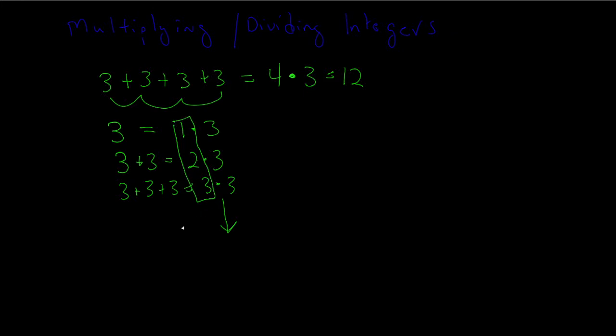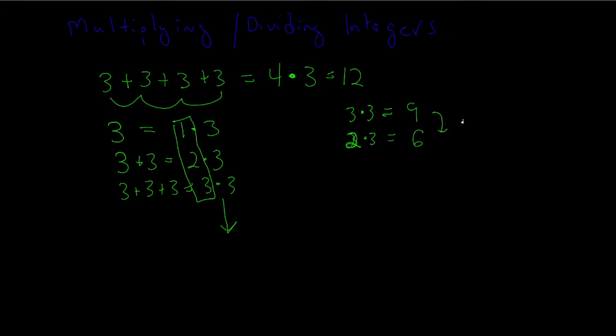And so let's look at that pattern backwards and forwards. So let's start with 3 times 3. And I have 9. 2 times 3, count down here, and I have 6.